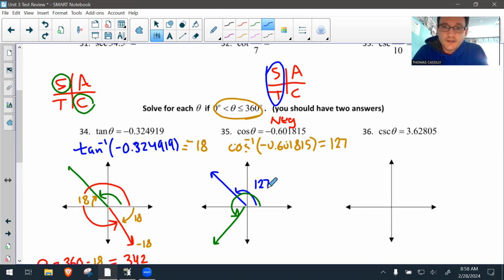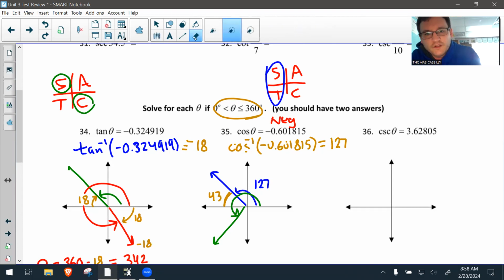That is not our reference angle in this case. This angle right here is our reference angle, since it gets us back to the x-axis. That's 180 minus 127, which gives us 43. No, it doesn't. It gives us 53.